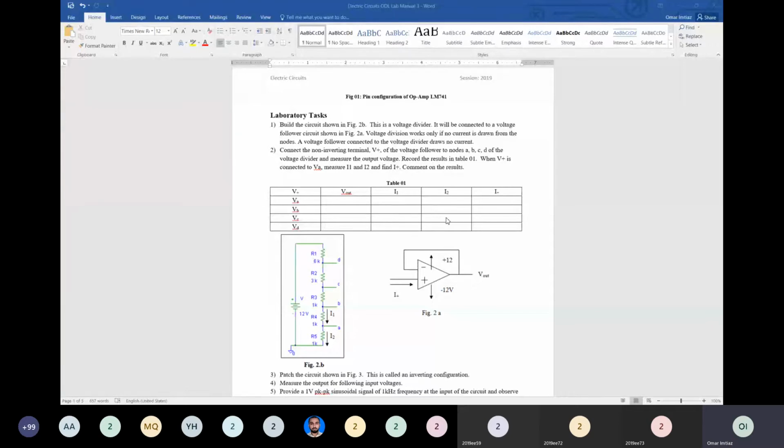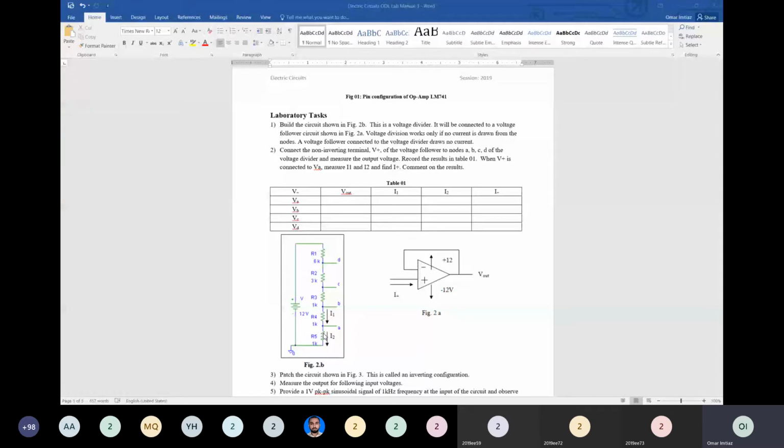Currents I1, I2 and I positive are going to be measured. I positive is the input current to the operational amplifier. I1 is the current above the point that you have connected, and I2 is the current below the point that you've connected at that particular instant.